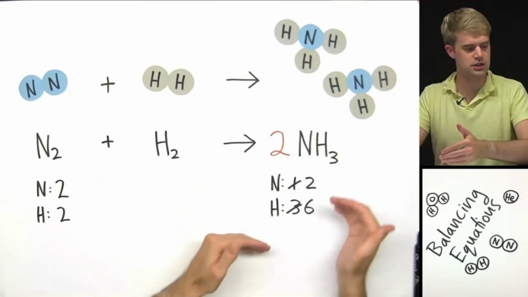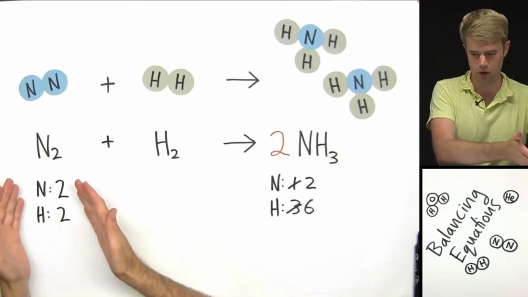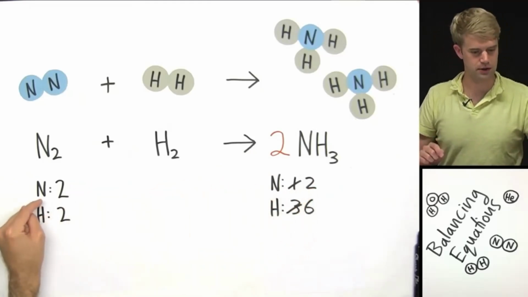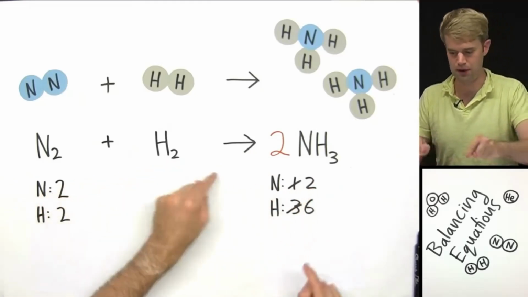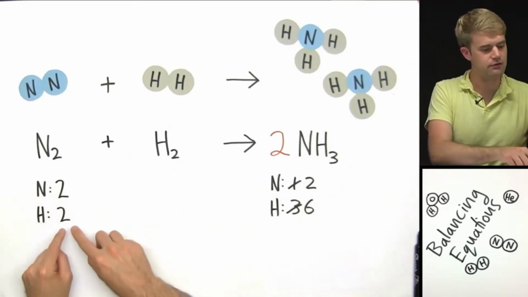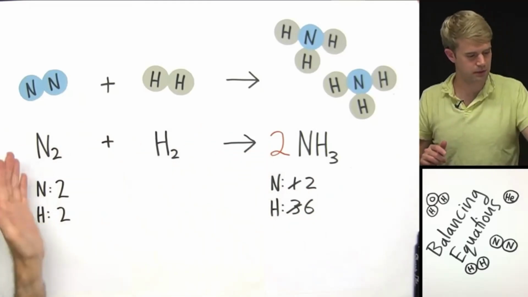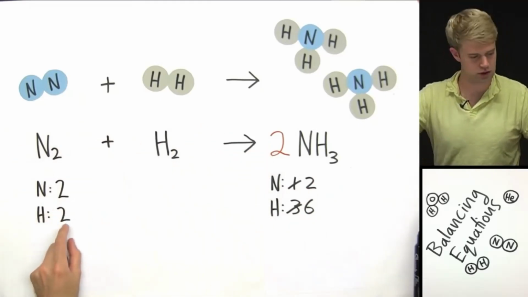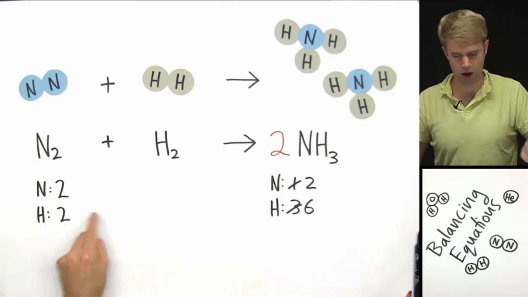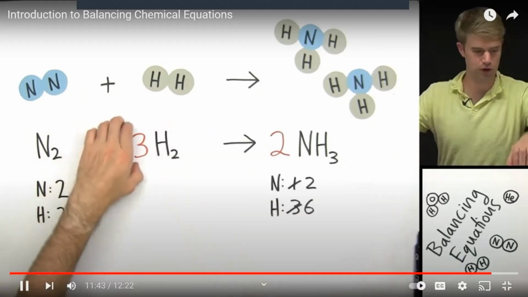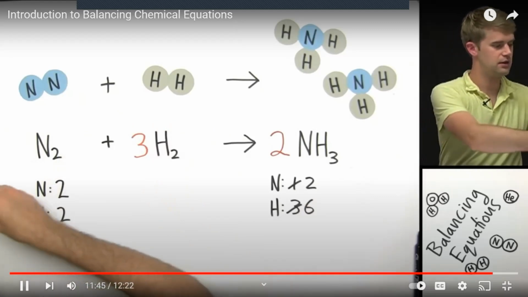Now that kind of changed these numbers, so let's look at what's going on over here. Okay, so now the nitrogens balance, but now the hydrogens don't balance. I have 6 here, and I have 2 here. Okay, so what could I multiply something by here to fix the hydrogens? Well, I have 2 right now. I want 6, so I could put a 3 in front of this. It would look like this in our visual.